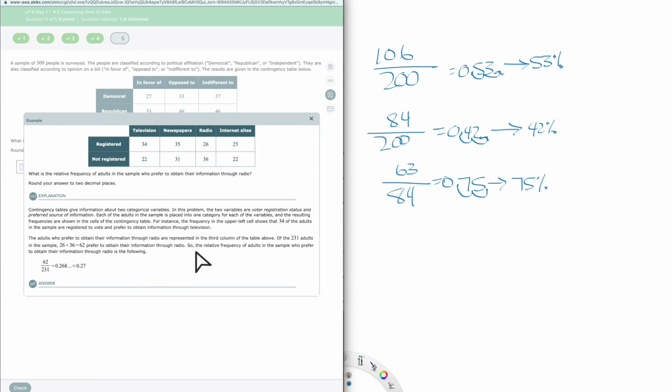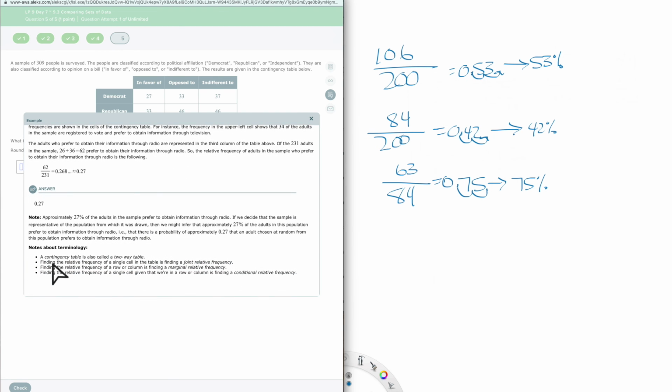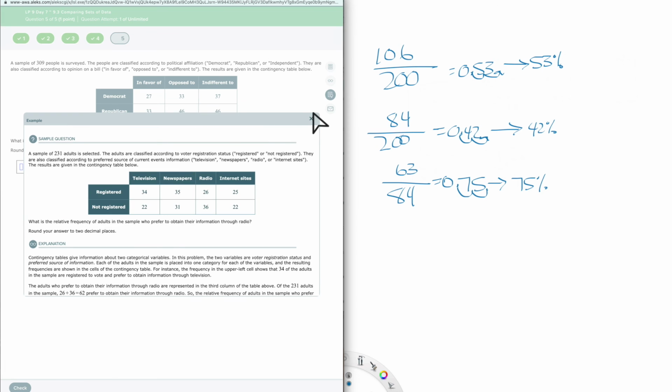So they added them together to get the total who prefer this, and they're dividing. So this is actually, for some reason, I was thinking relative frequency would be slightly different, but they're just using that idea relative to what they're asking. That's the idea. So they're using different wording, but it's really the same thing we've been doing.